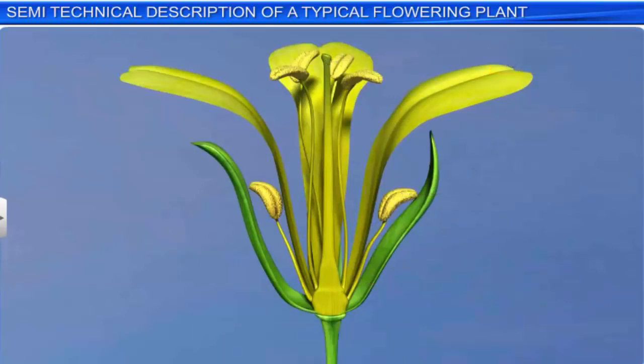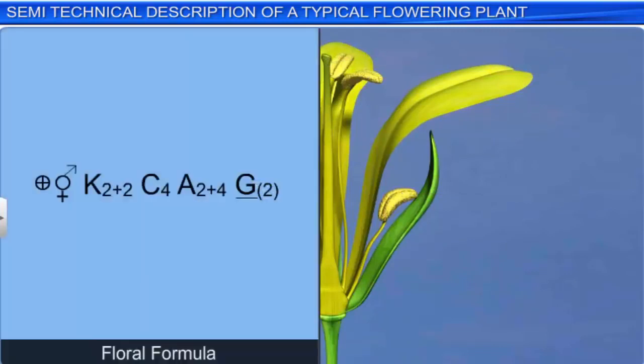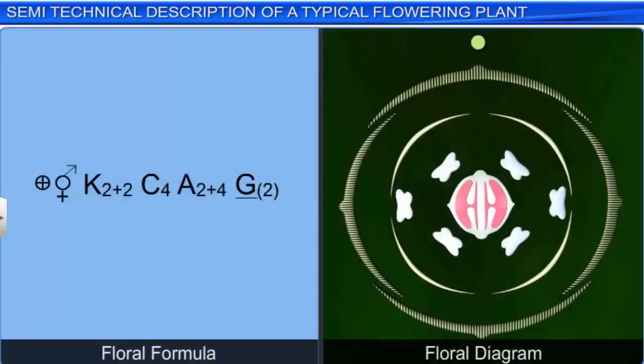The description of vegetative and floral characters is followed by a floral formula and floral diagram, which represent the floral description in condensed form.